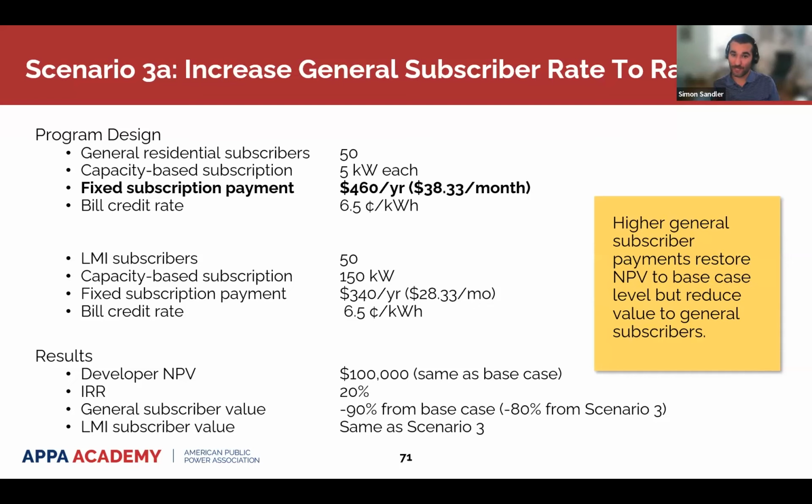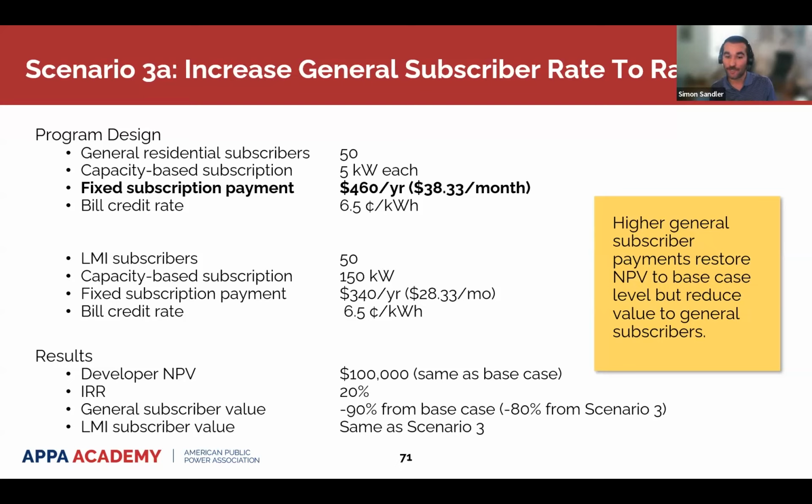But what we've done is we've raised the general residential subscribers' payment to offset the LMI subscriber payment. And so the point here is that you see in the results that by having general residential customers pay slightly more, but receive the same credits as before, the developer is back to that 100K NPV with a 20% IRR. And the project from the developer's perspective is the exact same.